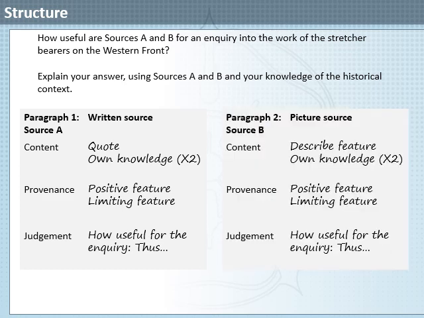If we have a picture source to look at, we're going to follow the same pattern, but we're not going to quote. Instead, what we're going to do is to be specific and describe a feature of the source that we can see. And then we're going to follow exactly the same steps.